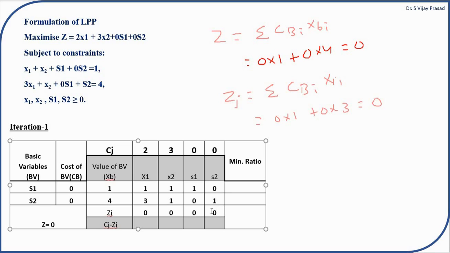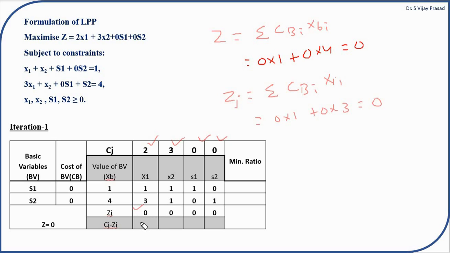After computing the ZJ values, now we are going to calculate CJ minus ZJ values. What is the CJ? These values are the CJs and these values are the ZJs. Now for this table we are going to calculate CJ minus ZJ.